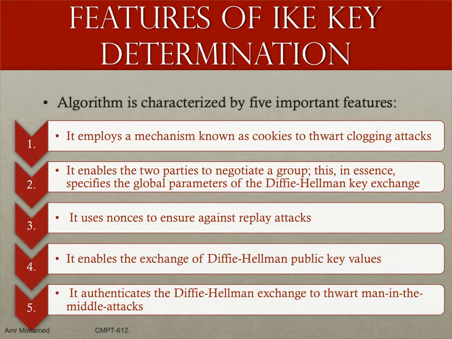But for the case of IP, because it's unreliable and connectionless, it makes this process a little bit tricky. So that's why they define a special mechanism using what we call cookies. Cookies here are not web cookies. These are totally different from the web cookies. These cookies are used for mitigating the denial of service attack or the clogging attacks.